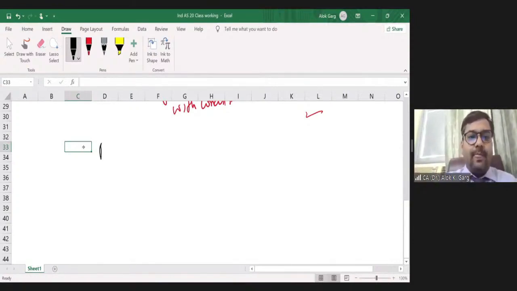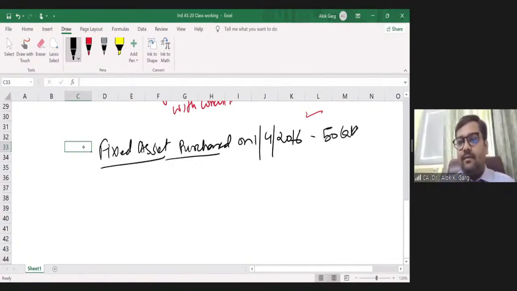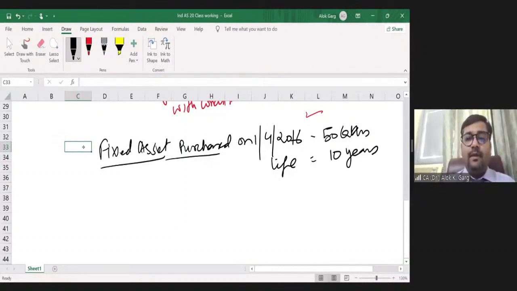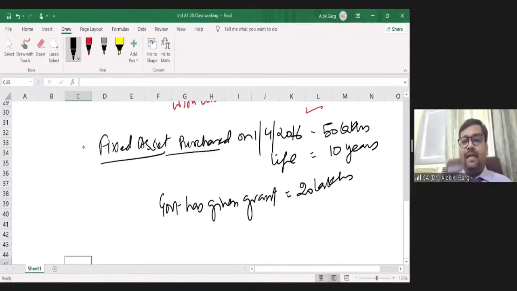For example, there is a fixed asset purchased on first April 2016 for 50 lakhs, and life is, let's say, 10 years. And the government has given a grant of 20 lakhs.